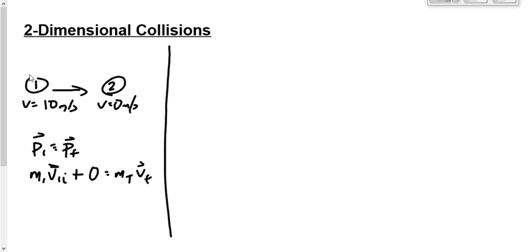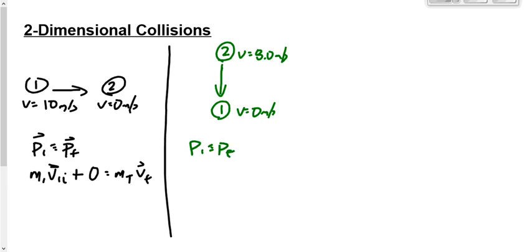What about this one? What about object number 2 moving downwards at a velocity of, let's say, 8 meters per second, colliding with object number 1 that is stationary this time? So it's a different object moving. Still one colliding with a stationary. How would we deal with that? The same thing, right? Pi equals Pf.